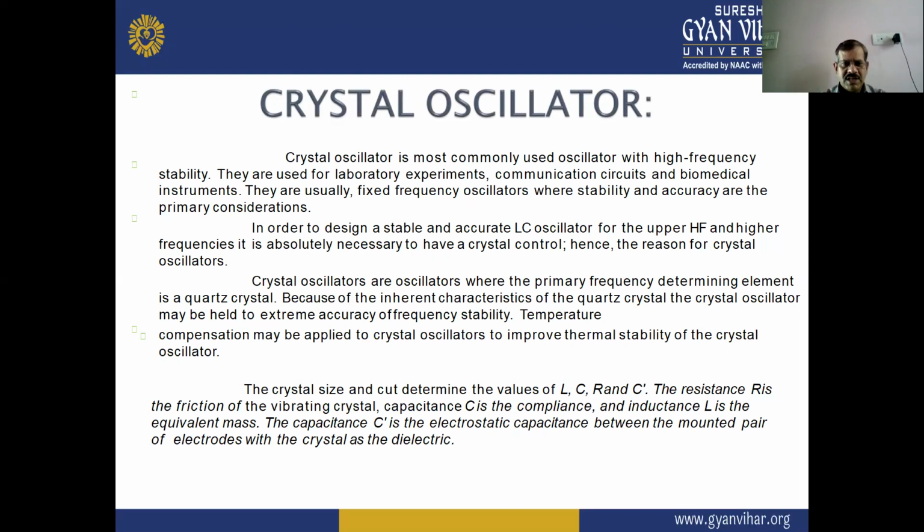The crystal size and cut determine the values of L, C, R, and C dash. The resistance R is the friction of the vibrating crystal, capacitance C is the compliance, and inductance L is the equivalent mass. The capacitance C dash is the electrostatic capacitance between the mounted pair of electrodes with the crystal as the dielectric.